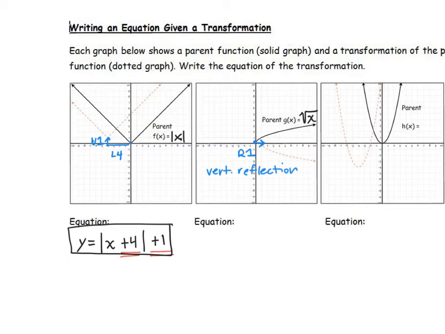So it's the square root function. So to write our equation, I'm going to write y equals, the square root is going to go here, and I'm going to write x, and I'll leave some space. I'm going to figure out if I'm going to put my shift in here or out here. So vertical reflection, if you remember, means that we put a negative outside of our square root. So there, that's done. Check.